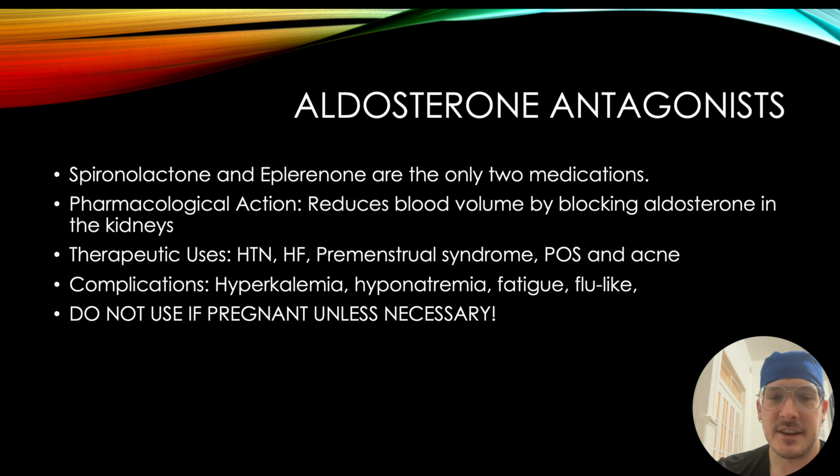Therapeutic uses are for hypertension, heart failure, premenstrual syndrome, polycystic ovarian syndrome, and acne in females. Complications are hyperkalemia, hyponatremia, and fatigue and flu-like symptoms. Do not use this medication if you are pregnant unless it's necessary.